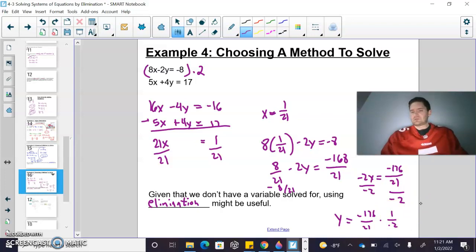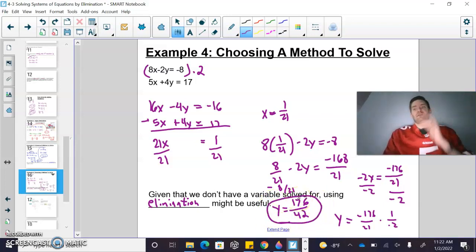Then this just becomes 176 over 42. Yeah, I know this one was painful, but we'll make the most of it.